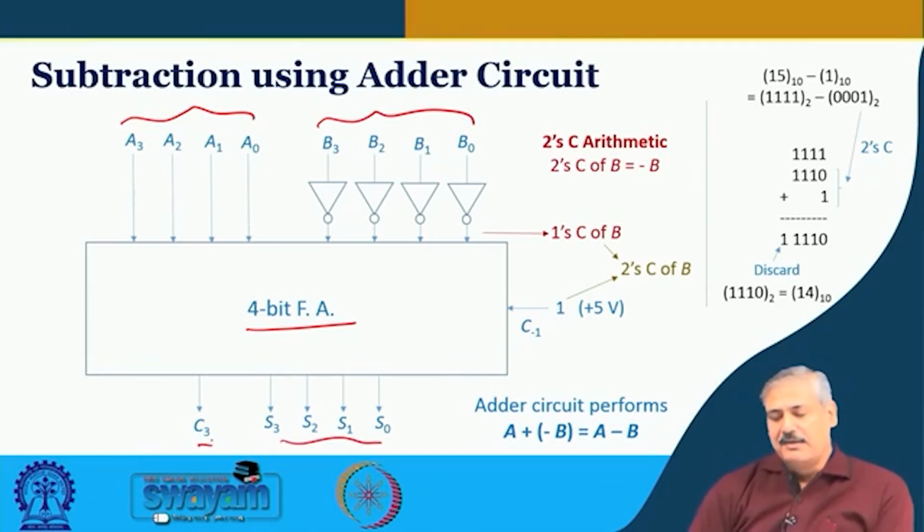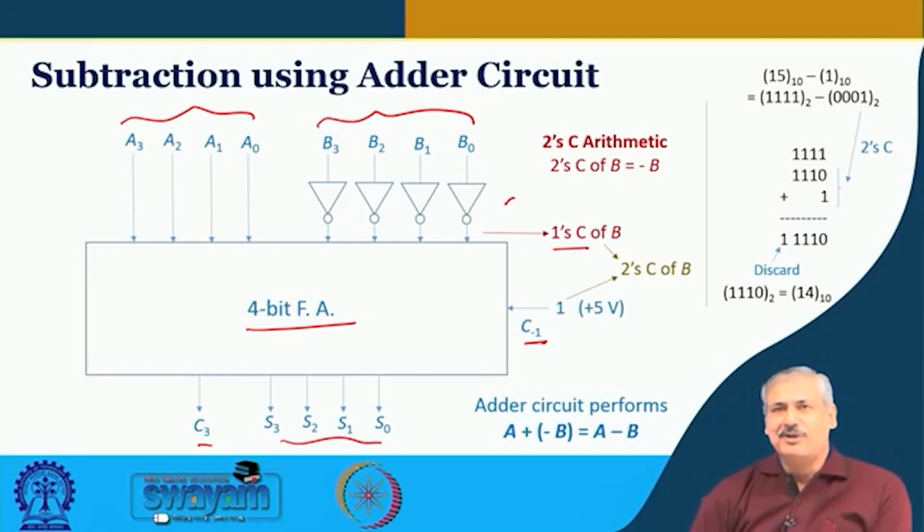So, the subtrahend, the one that we want to subtract, we pass it through a bank of NOT gate inverters, okay. So, at this point we get 1's complement, right, and then we need to add 1. Now, you can see the C minus 1, we made it a full adder in the first stage, which could have been a half adder just for the addition purpose, unless it is cascaded or so.